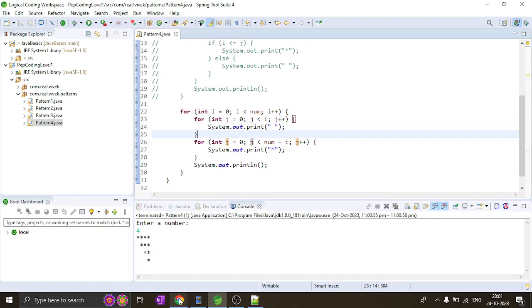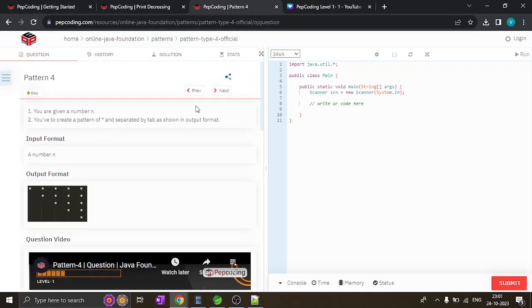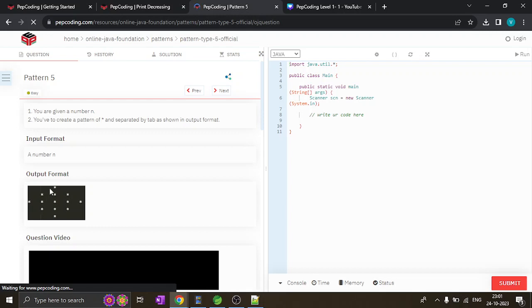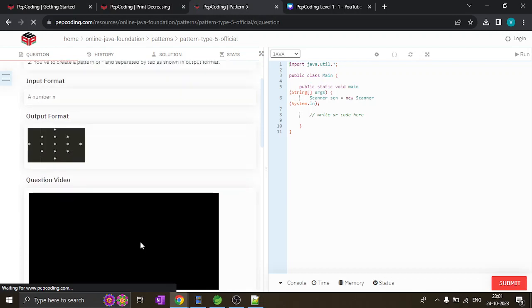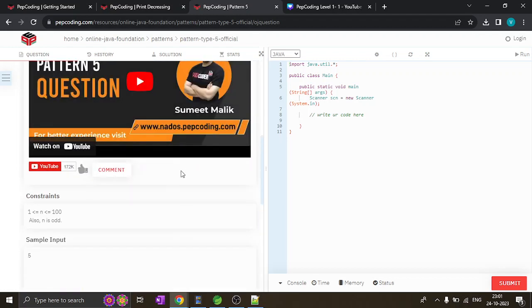So let's try to solve the next pattern that we have, the pattern 5. So we have to print this pattern, and the additional condition that we are given is n is odd.